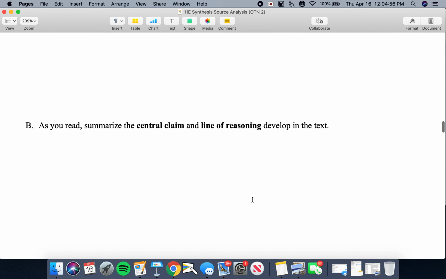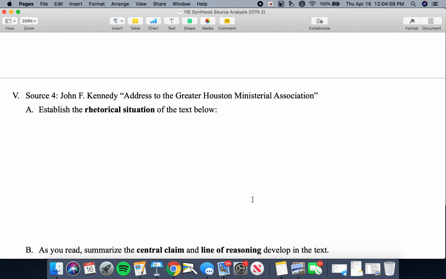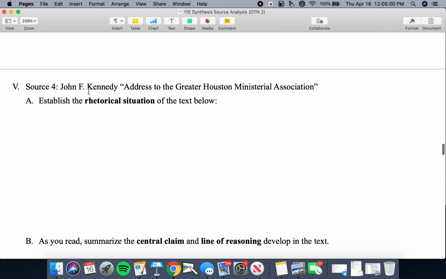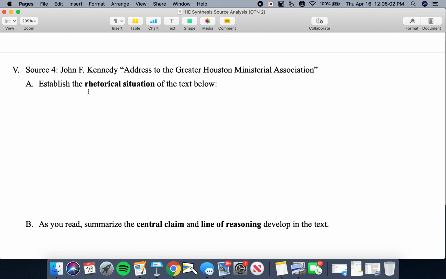Okay, now we're going to move on to looking at some more contemporary voices. Kennedy kind of stands in between these two groups of people. He's not exactly our contemporary, not exactly a 21st century source. He's obviously in the middle of the 20th century, in the 60s.